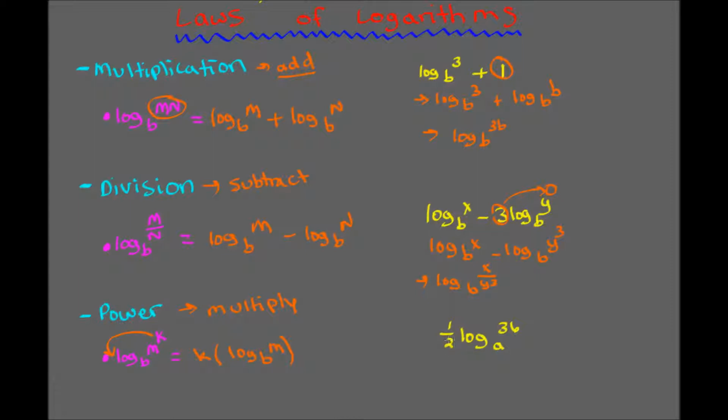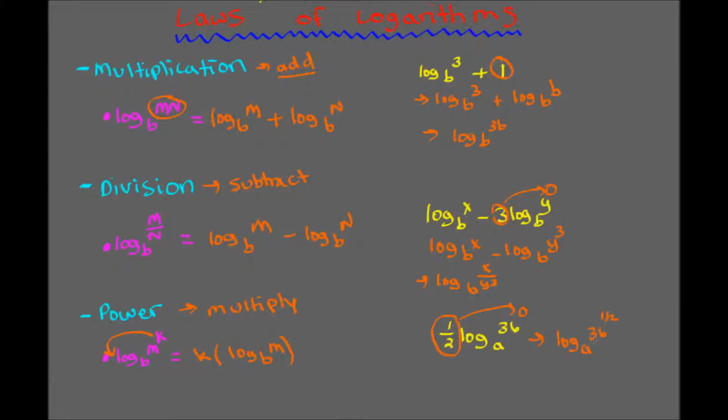So finally, let's look at the last one. We have 1/2 times log base a of 36. As we did in the previous problem, we're going to take this coefficient and move it up top. So we would get log base a of 36 to the 1/2 power.